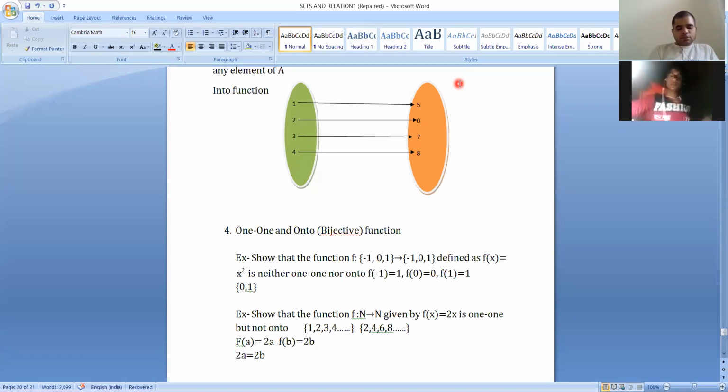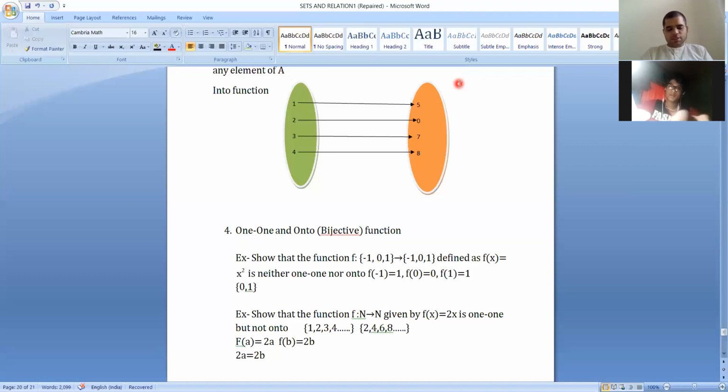So you see, n starts from 1, 2, 3. For every n, you will have its image as 3n. For example, if n is equal to 1, the image will be 3. If n is equal to 2, the image will be 6.